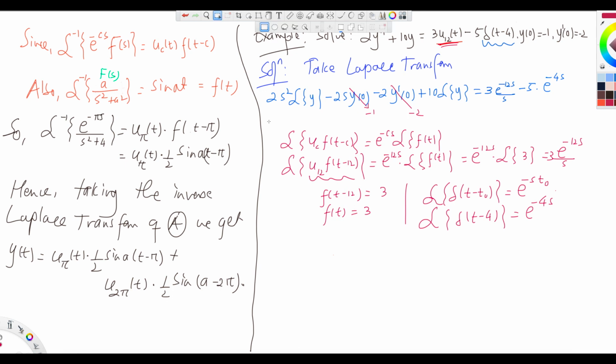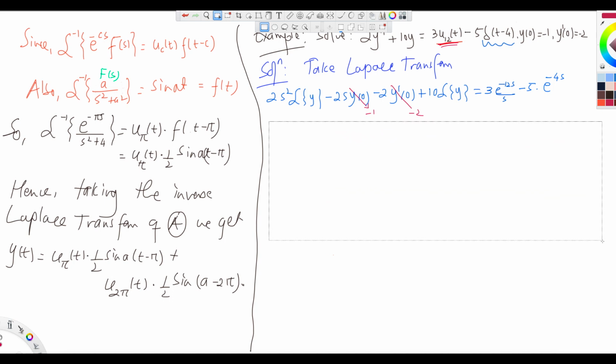So what do I do next is I want to plug the value of y0 and y prime of 0. Okay. And then we simplify it. So what do you get here? It is 2s times negative 1 will be positive 2s. You see that? And also you see that this one and that one has Laplace transform in common.